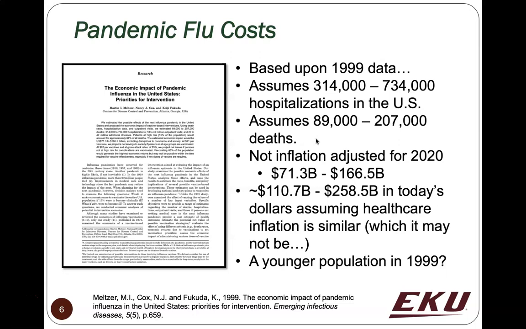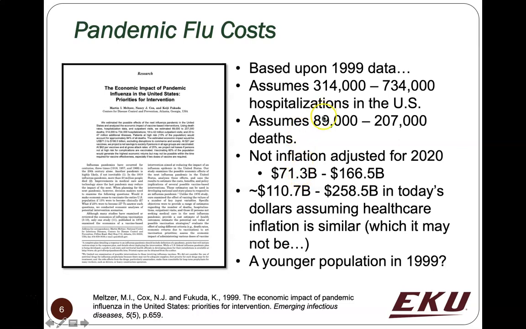If we do not flatten the curve and they all happen at once, these numbers go out the window. So this kind of assumes that we had the healthcare capacity and all those types of things to be able to treat these people in a situation that would be better than if everybody got sick all at once.